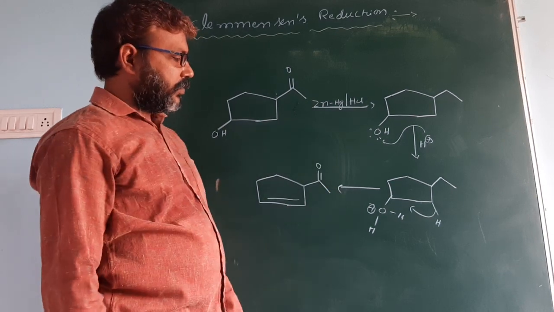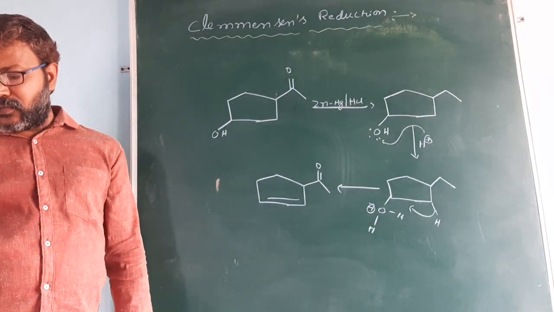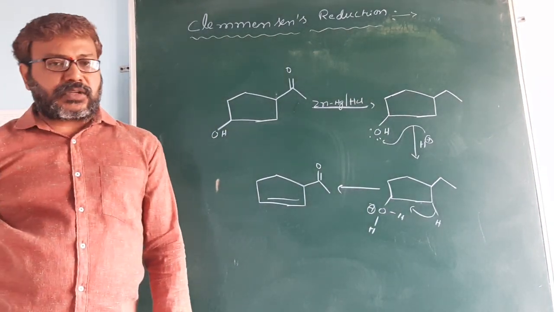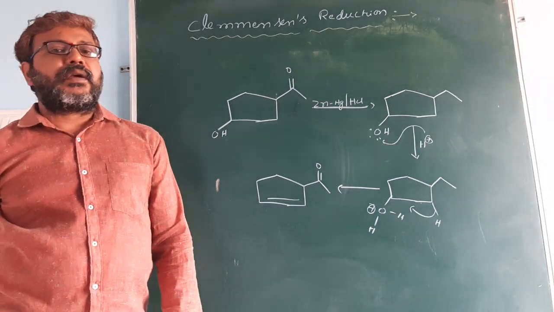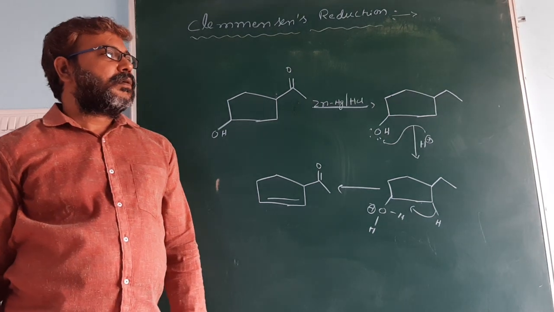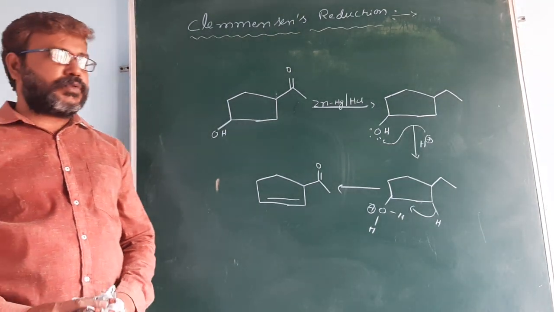We get this. So simultaneously dehydration takes place when acid sensitive groups are present. Okay, so Clemmensen reduction is not useful when the carbonyl group has acid sensitive groups.